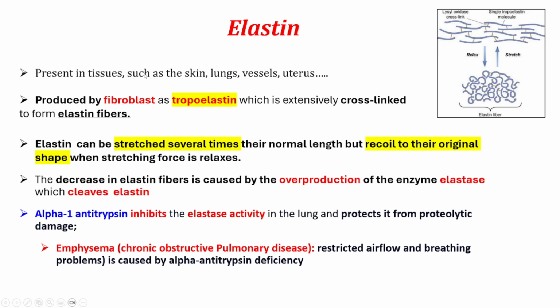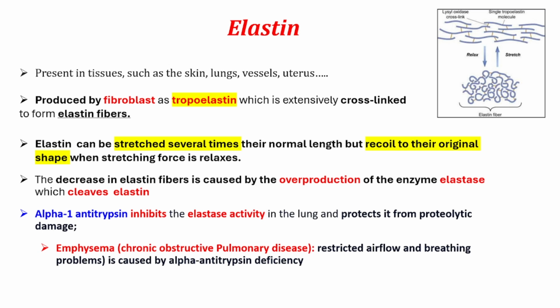Same thing. The elastin is synthesized by the fibroblasts, same like the collagen. Collagen is synthesized by the fibroblasts. As well, the elastin is synthesized by the fibroblasts. And also, they are synthesized as a precursor. Collagen is synthesized as tropocollagen. Elastin is synthesized as tropoelastin. Okay?